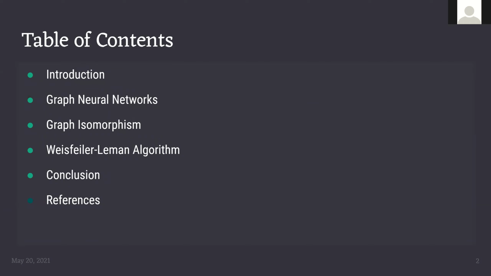Then we're going to go through a very high-level overview of graph neural networks. Then we're going to move to another topic that is graph isomorphism and the Weisfeiler-Lehman algorithm. And of course, we are going to figure out what these two ideas have to do with each other, and then some concluding remarks. But let's get started.